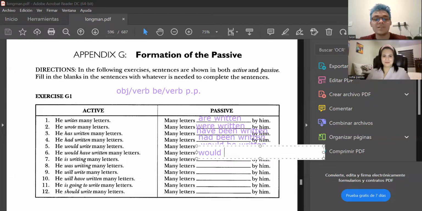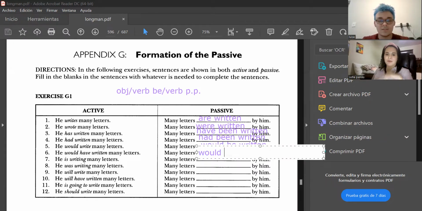To change it, he will have written, to put like the other ones. Okay, so what word has to go after would? Like bean, maybe? Actually, we have to keep again the have.